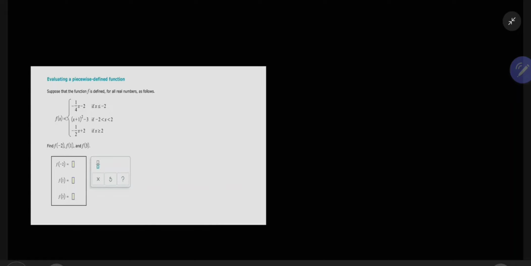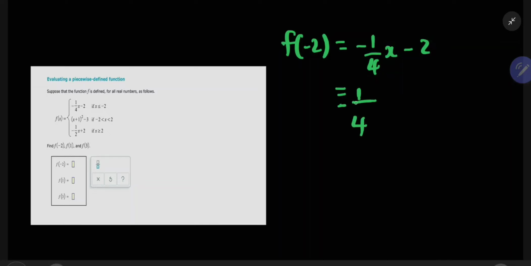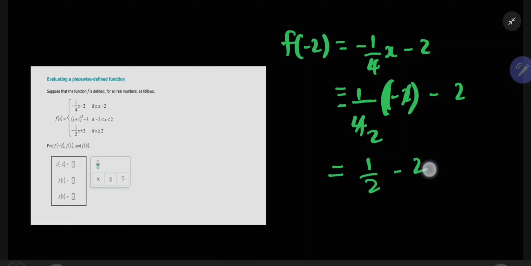So for x equals minus 2, we'll be using minus 1 over 4 x minus 2. And that will be 1 over 4, don't forget the minus sign, times minus 2, minus 2. So that's half. Minus times minus, that's plus. So you have half minus 2, which is equal to minus 1 and 1 over 2. So that's the answer for the first one.